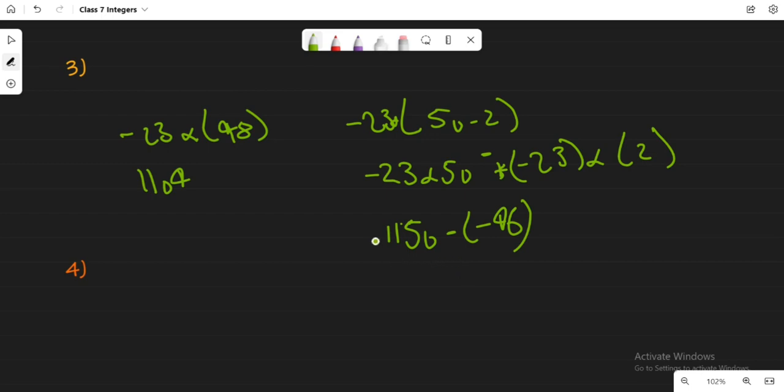So minus 1150 plus 46, because minus minus becomes plus, which is equal to minus 1104. So now we know, using the distributive property of multiplication over subtraction, we can make multiplication a lot easier.